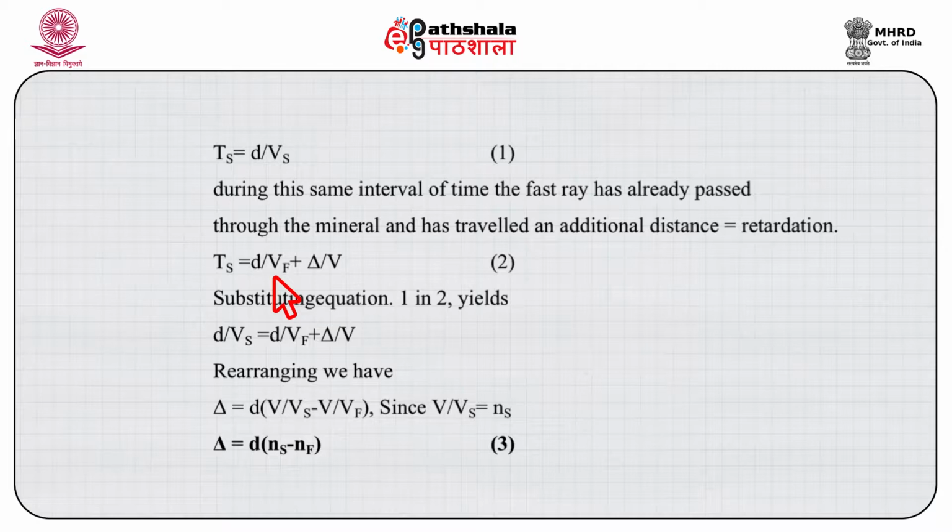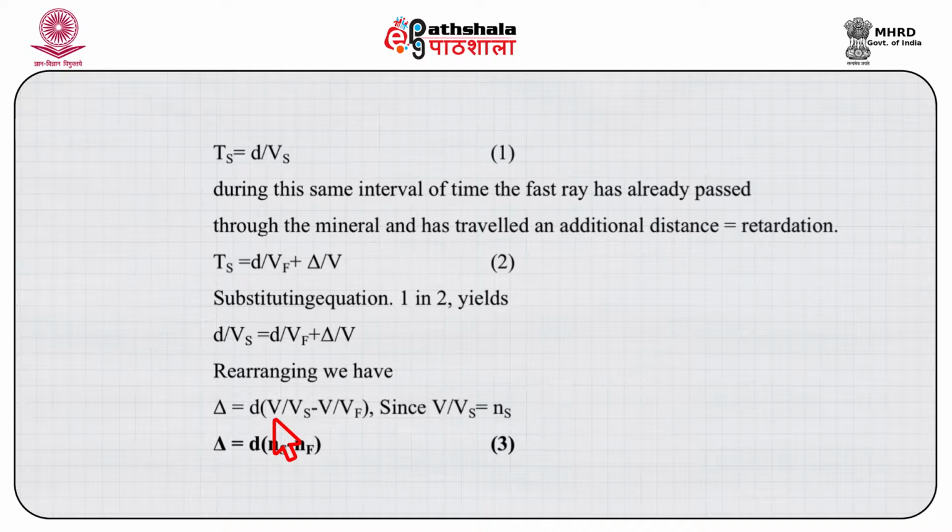When we substitute this, we find that delta is nothing but the thickness of the mineral multiplied by the velocity of the light divided by the velocity of the slow ray, minus the velocity of the light divided by the velocity of the fast ray. We know that the velocity of light divided by the velocity of a ray will be nothing but the refractive index of the mineral.